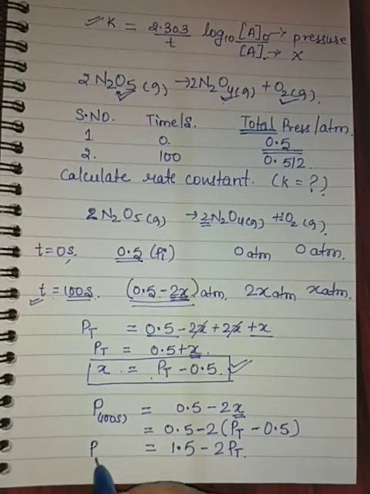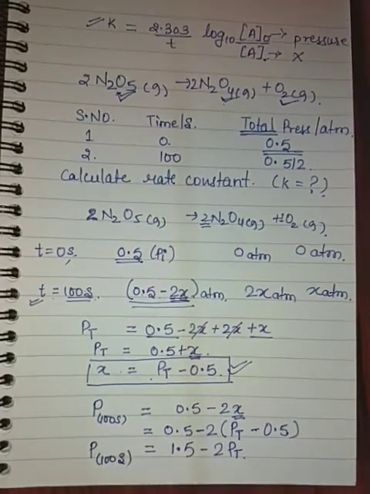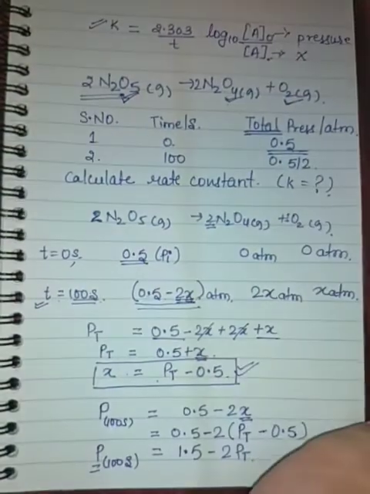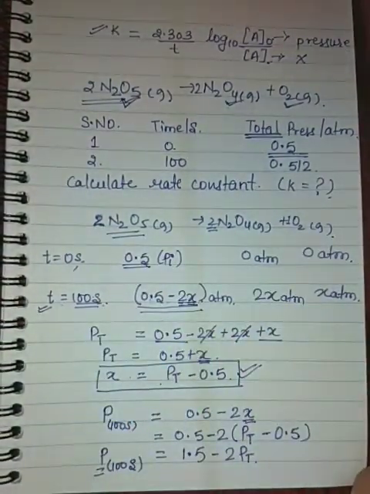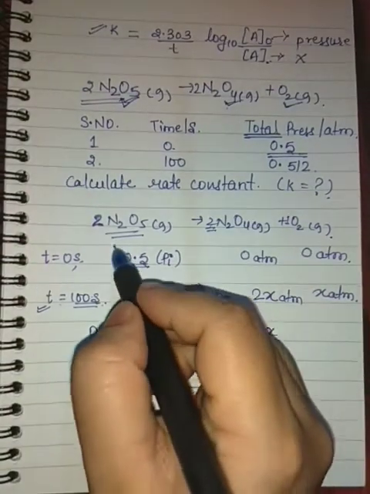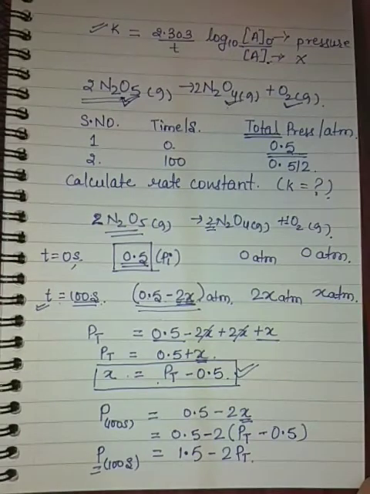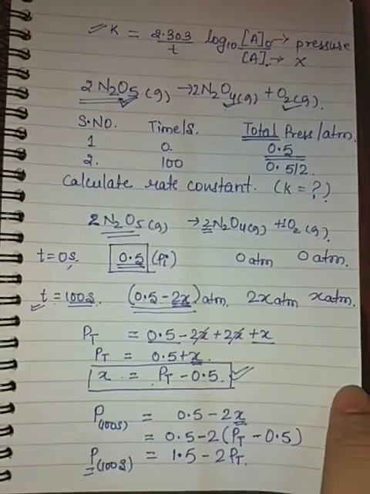So this is the value of pressure when the time is 100 seconds. So now you got the value of pressure of the reactant when the time is 100 seconds, and you have the initial pressure with you when the time was 0. So you have the initial pressure and the final pressure of the reactant.